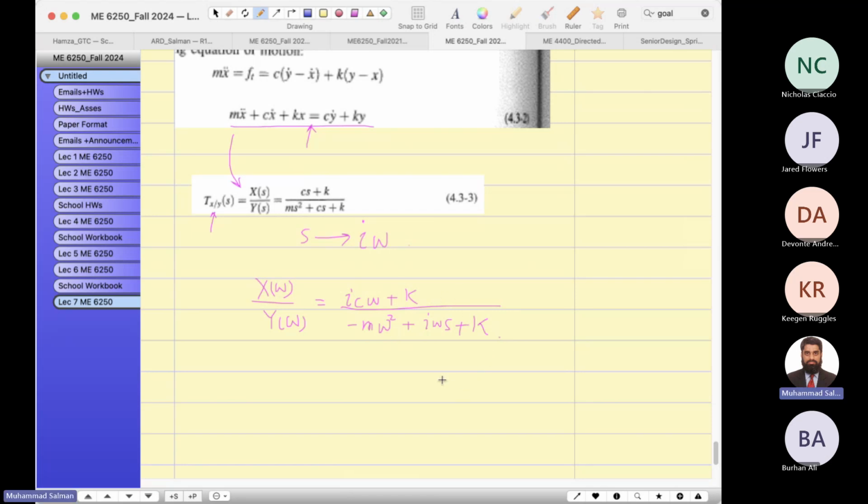I'm sorry, this is I omega c. I want to write down the equation which is of interest to us, the magnitude and the angle.